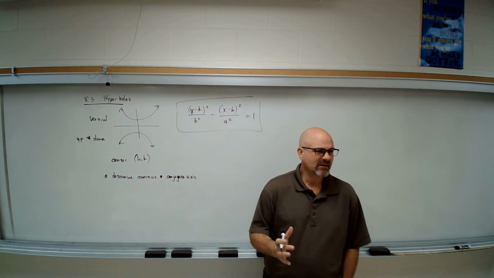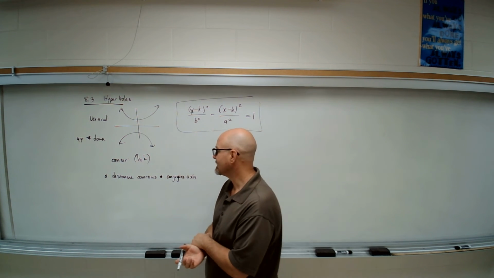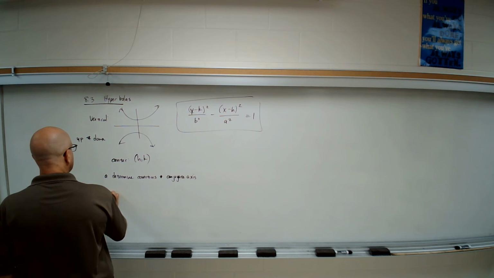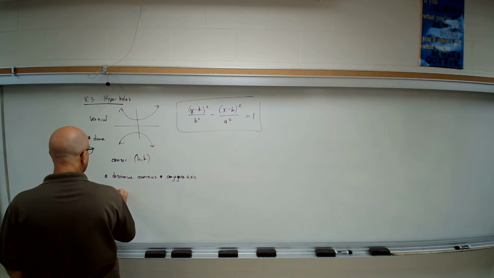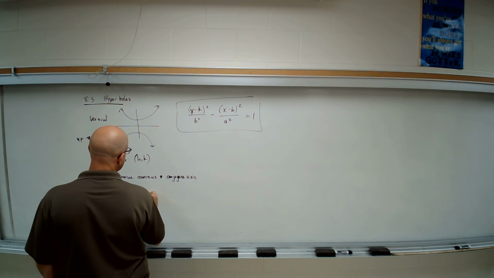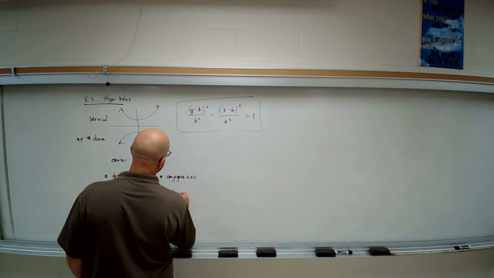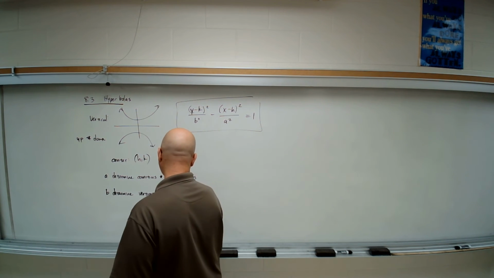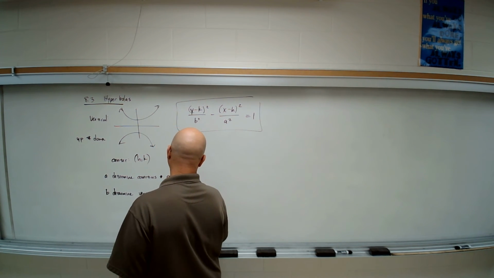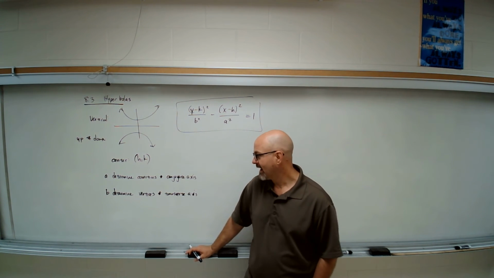Like, that's not something that we're going to be really focused on. We'll talk about the transverse axis, vertices. b, because it's with the y squared, will determine the vertices and the transverse axis.